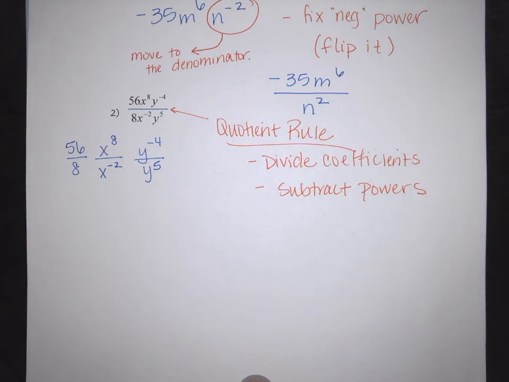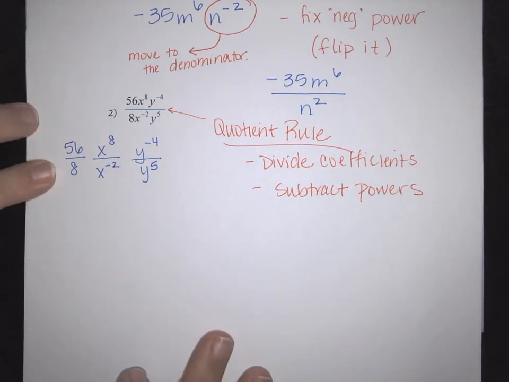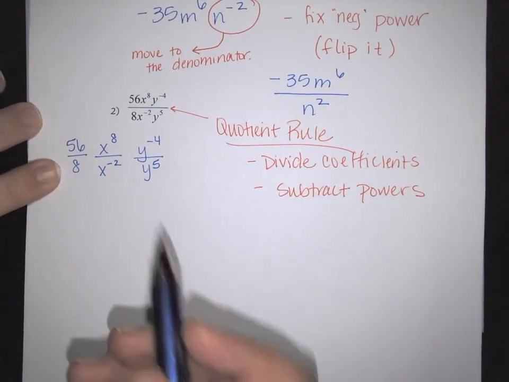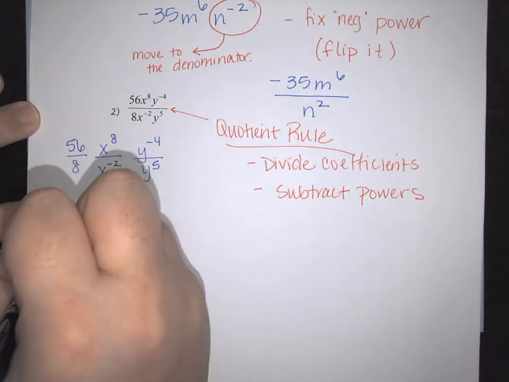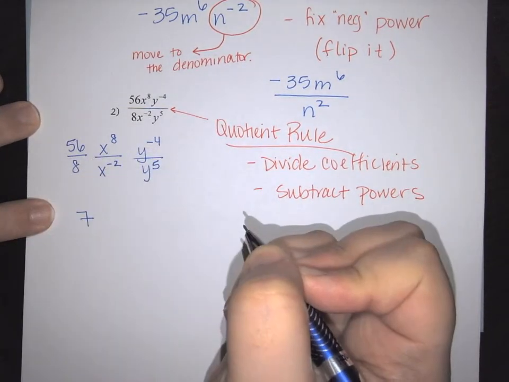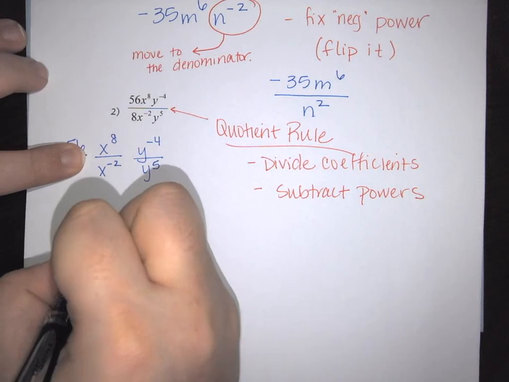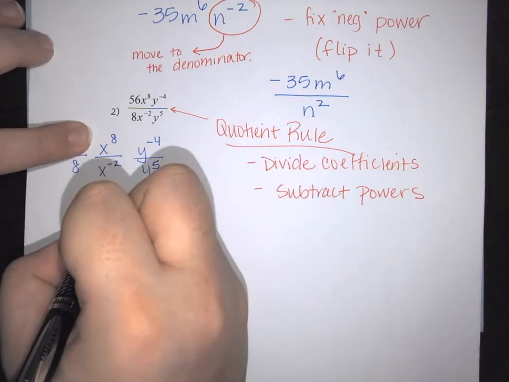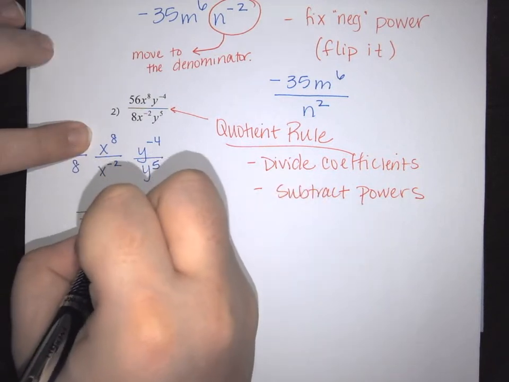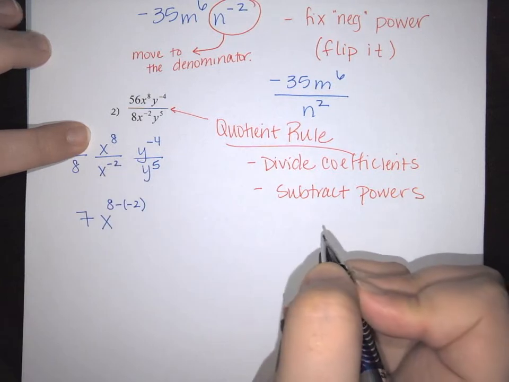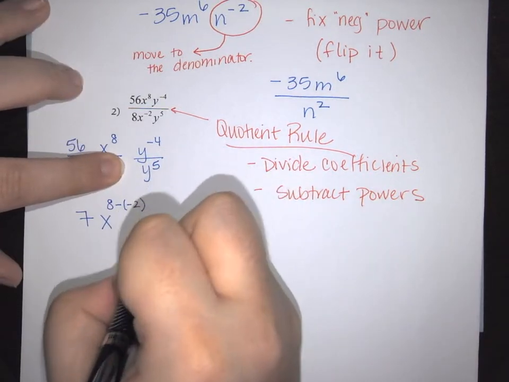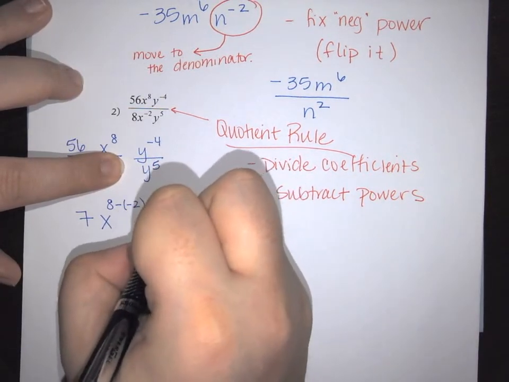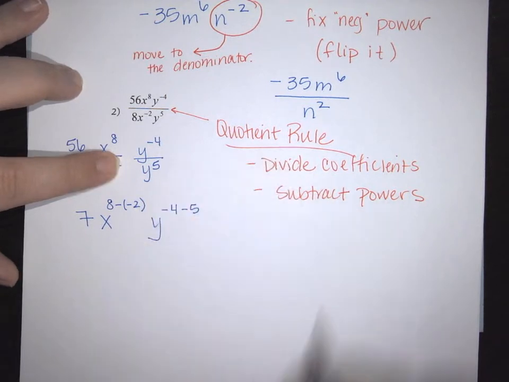So first I have to look at 56 over 8. So I want to actually divide that down, and 56 over 8 becomes a 7. I then have x, and this is going to end up being 8 minus a negative 2. My last one is going to be y, and I have negative 4 minus 5.